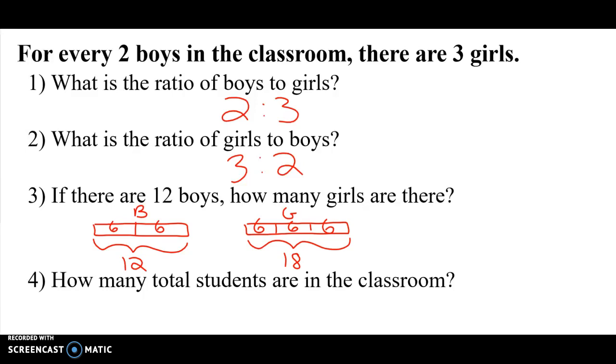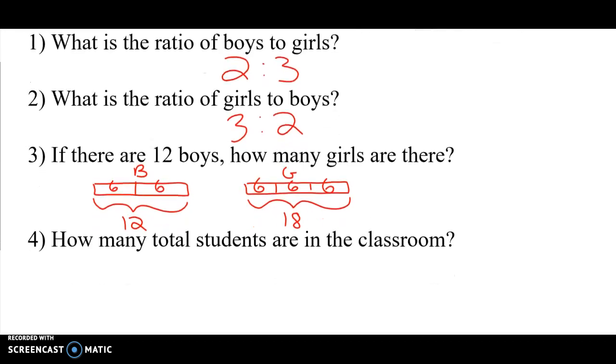Let's say that there were 6 boys. How many is in each group? 3. So how many girls would there be? 9. So a 6 to 9 is a 2 to 3 ratio. Yeah? Would there ever be odd numbers? Yeah, that can be. Ratios are not always nice, pretty whole numbers either.